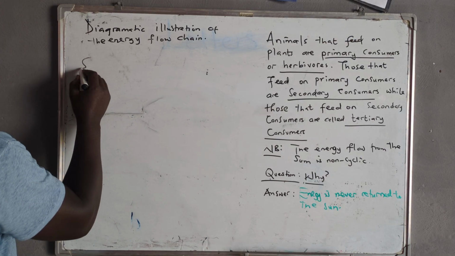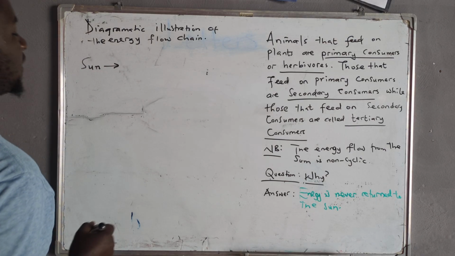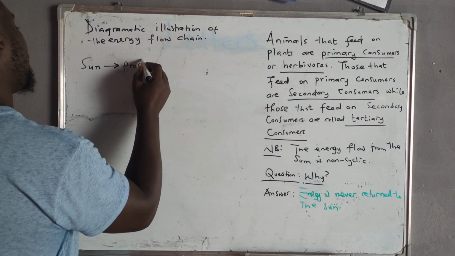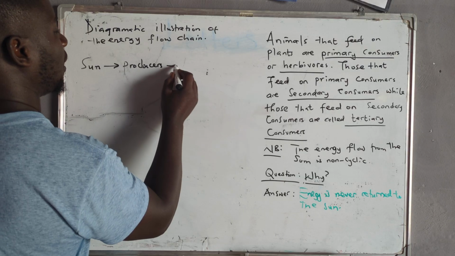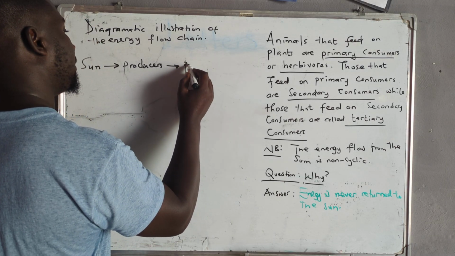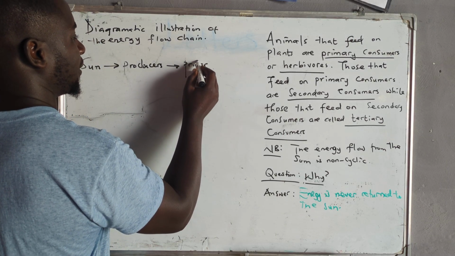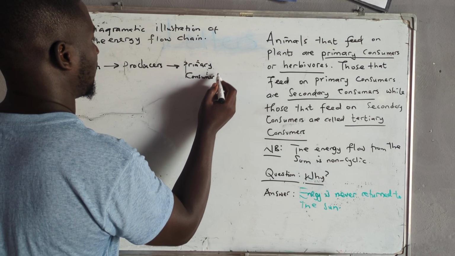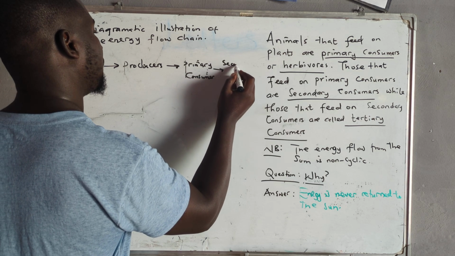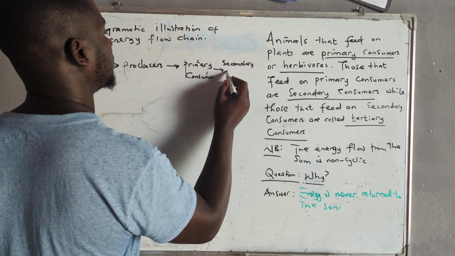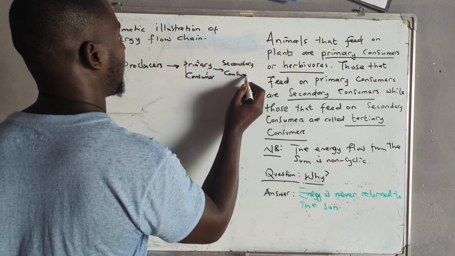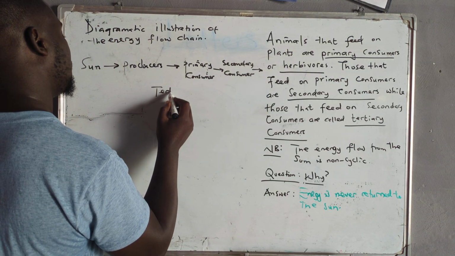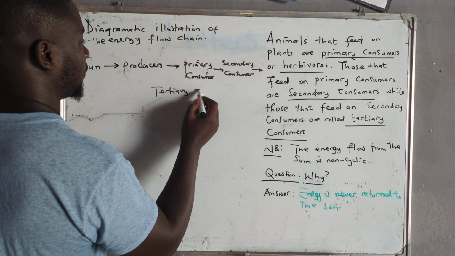Okay, so energy will come from the sun, and this is a chain, so it goes to the producers, which is a plant at this stage, and then goes to the primary consumer, then it goes to the secondary consumer, and finally it comes to the tertiary consumer.